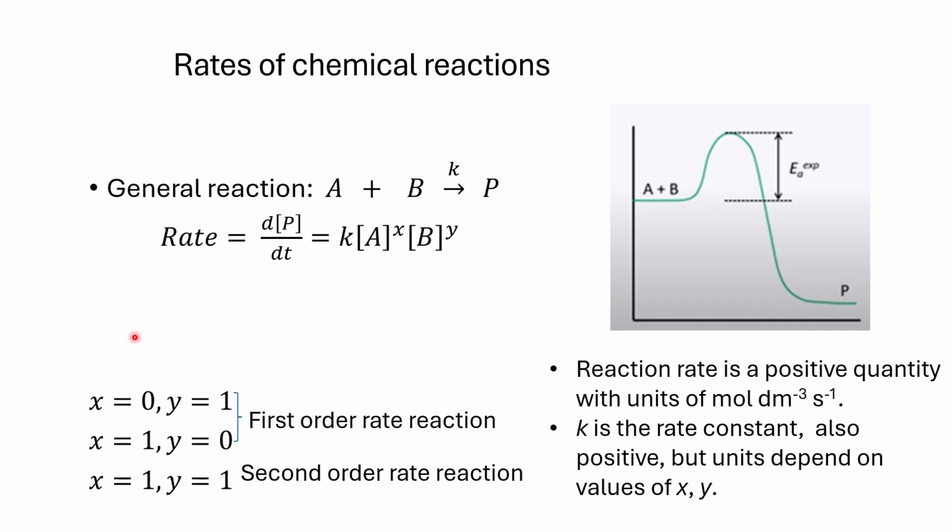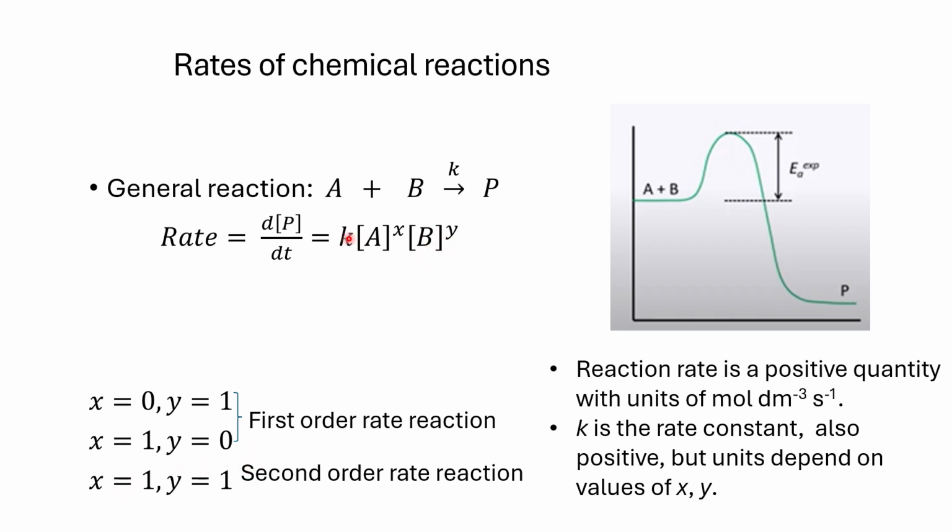So reactions have different orders. A reaction is first order if the rate is proportional to the first power of a single reactant. So in this case, if x equals 0, then y will equal 1, or if x equals 1, then y has to equal 0.